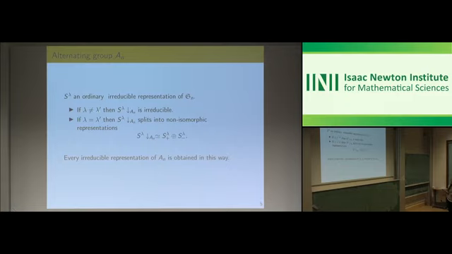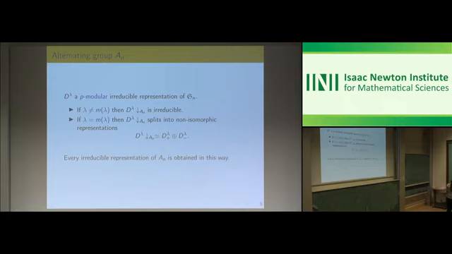If I consider the simple module associated to a partition lambda, first in characteristic 0, and I restrict it to An, then either it remains irreducible or it splits into 2 simple modules. And this depends on the partition lambda. So if it's self-conjugated, that is, a fixed point of conjugation, then the module will split, and in the other case, it will remain irreducible.